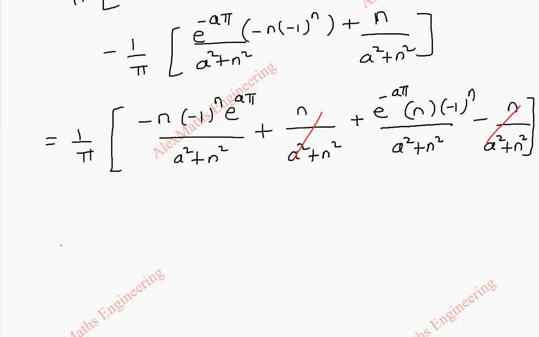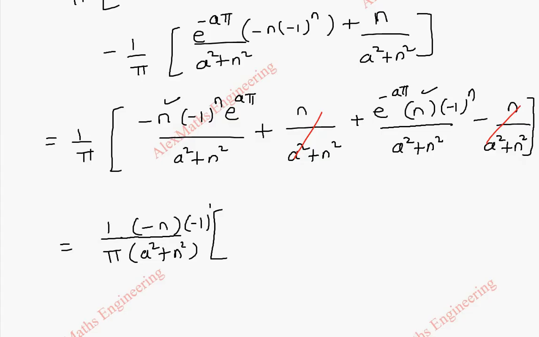Now we can write 1 by pi and the common denominator we can take out, that is a square plus n square. After taking this out, we can also take minus n common. After taking minus n common and even (minus 1) whole power n common, we are left with only e power a pi. We have taken the minus common, so this term will become minus e power minus a pi.